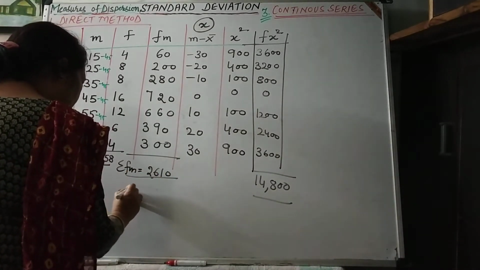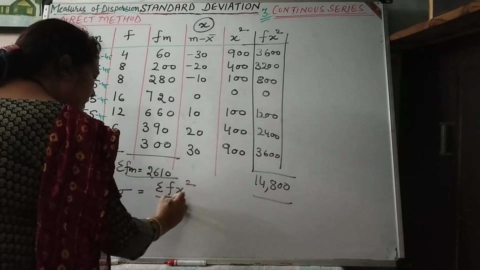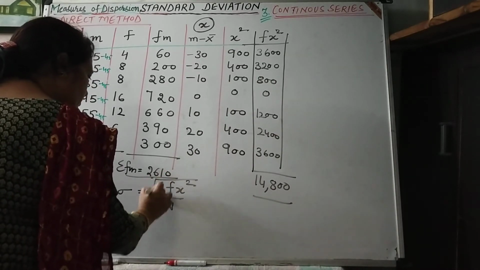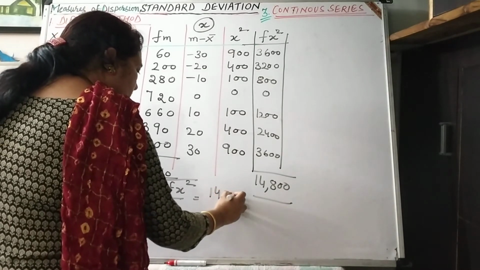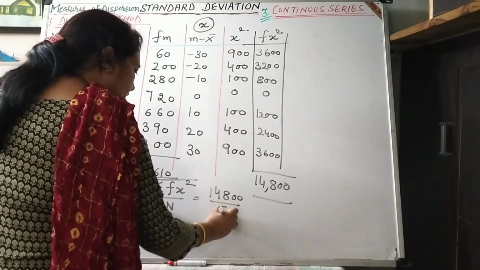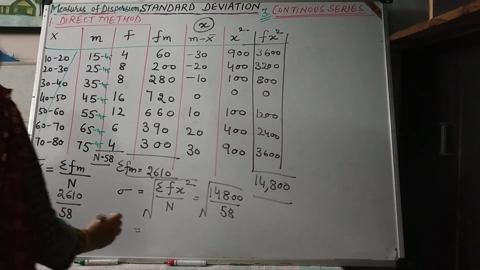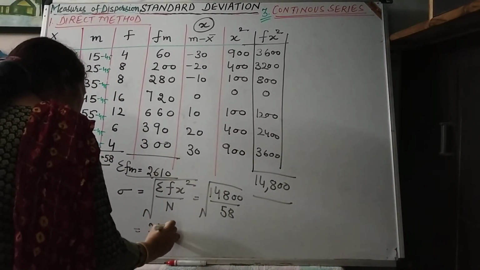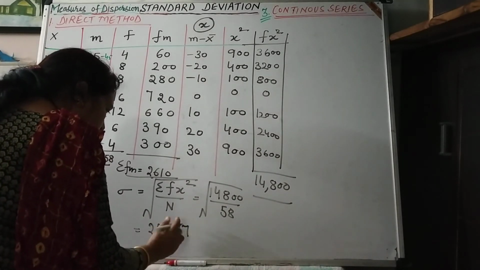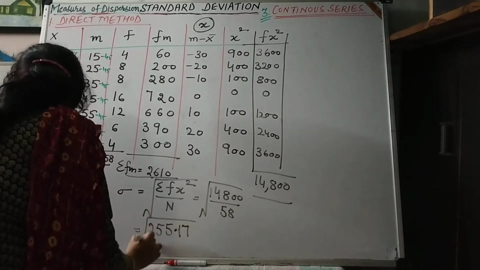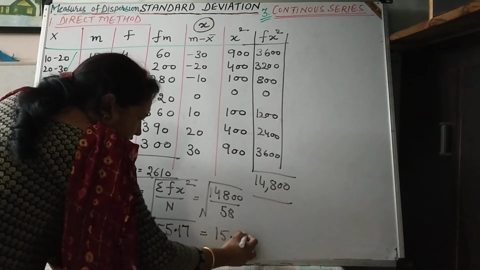Standard deviation is equal to sigma fx square divided by n under root, which is equal to 14800 divided by 58 under root, which is equal to 255.17 under root, and the answer is 15.97.